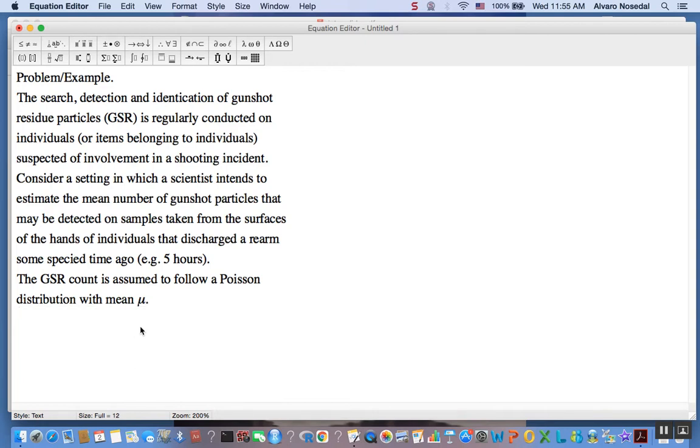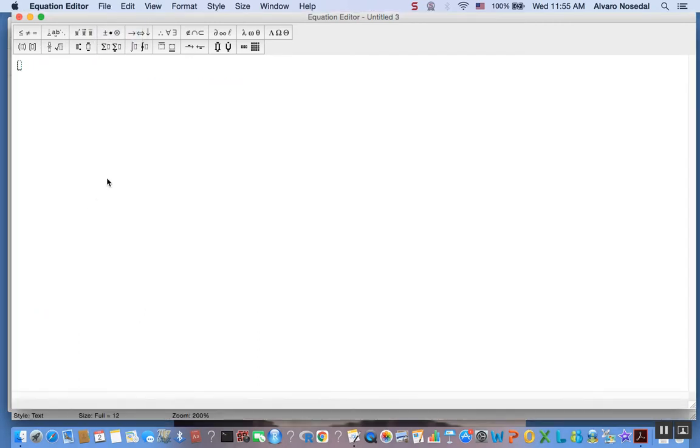So let's try and tackle this problem. First, let me make this bigger here. Let me use an uppercase Y because it's the random variable we're referring to.